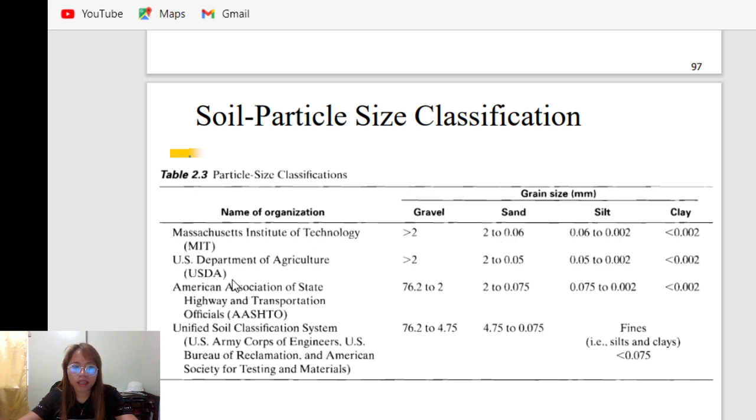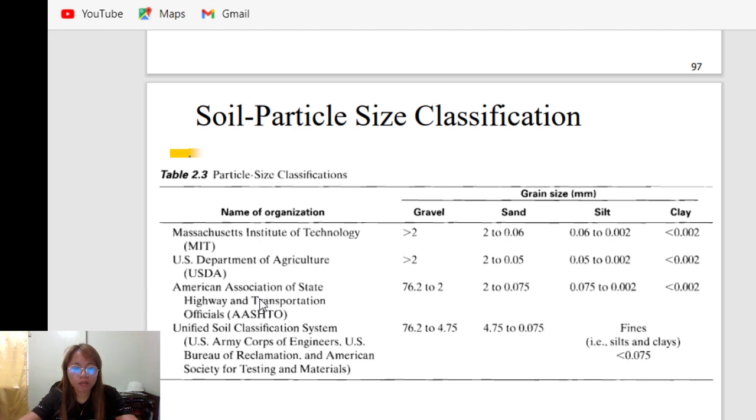Then USDA, the US Department of Agriculture. So their soil classifications differ. For example, sand is 2 to 0.05 millimeters in USDA, while in MIT it is 2 to 0.06 millimeter.